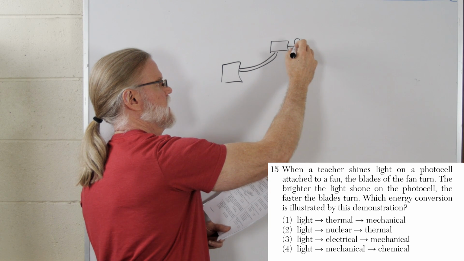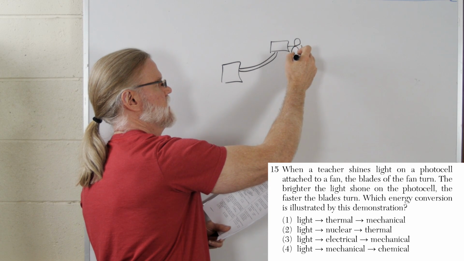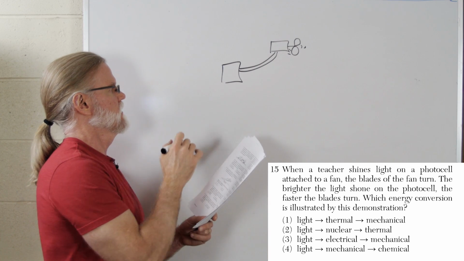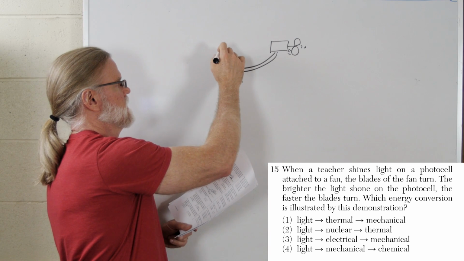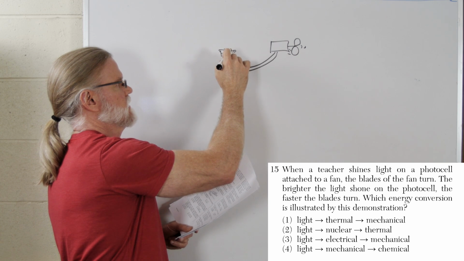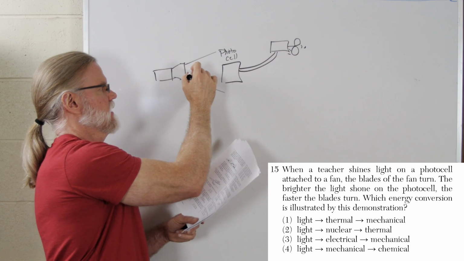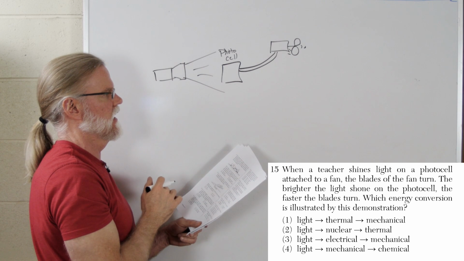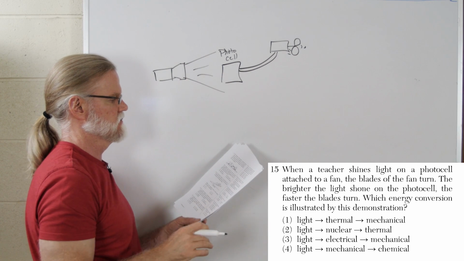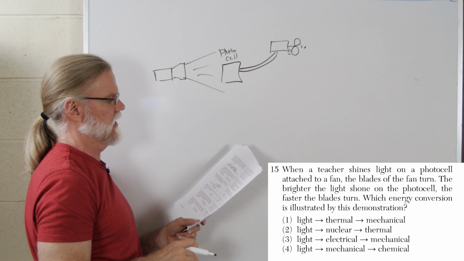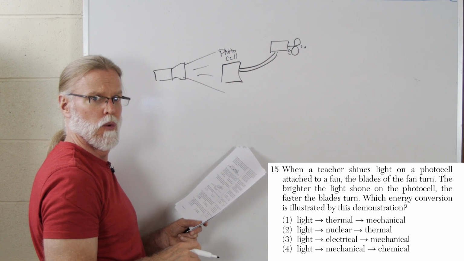And there's a fan, and it's gonna go round and round. So here's a photocell. Got a flashlight, shining light on the photocell, causes the fan to turn. The brighter the light shown on the photocell, the faster the blades turn. Go figure.